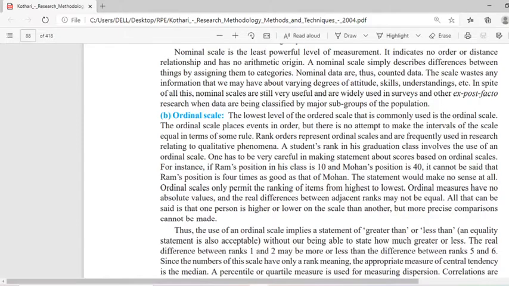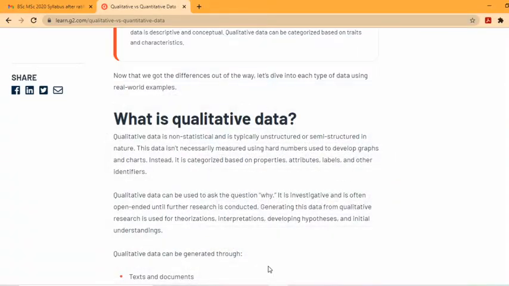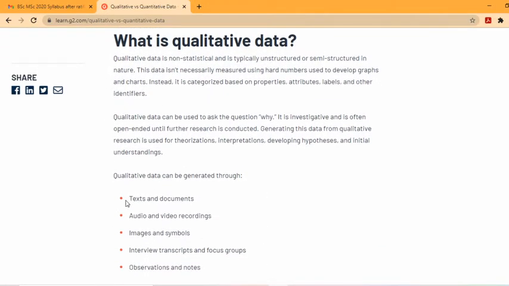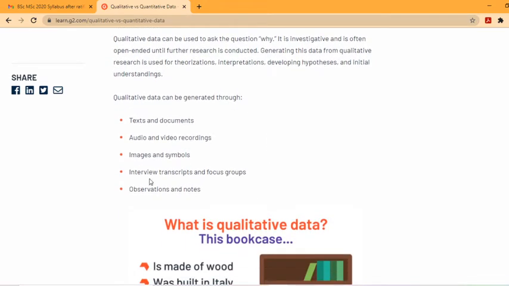Other examples of qualitative data are text of documents, audio, video recordings, images and symbols, interview transcripts and focus groups, observations and notes, etc. We cannot assign a number, but at the same time we can collect the data.